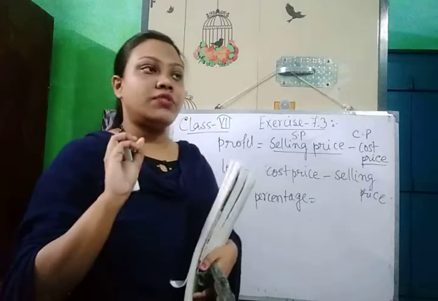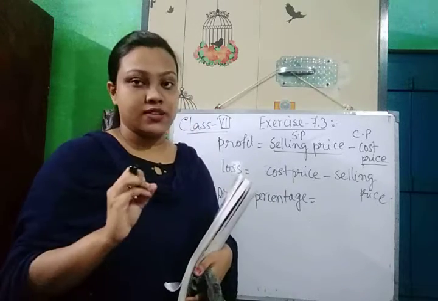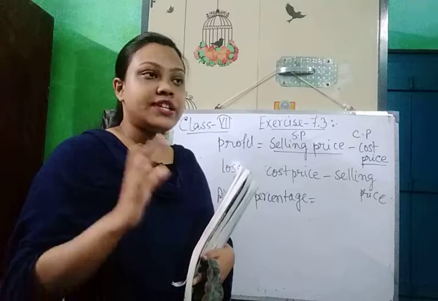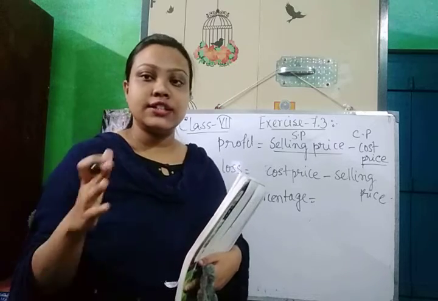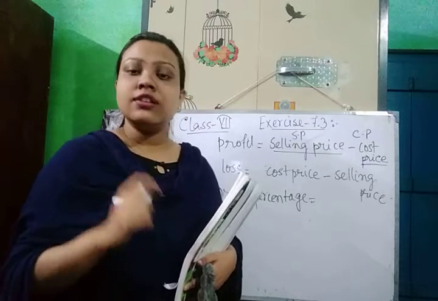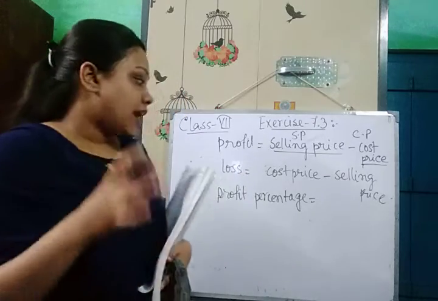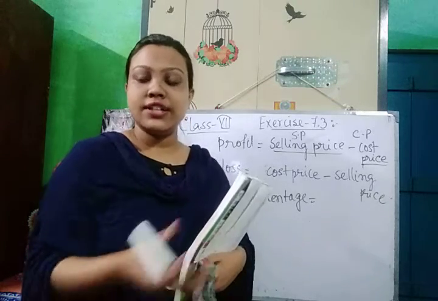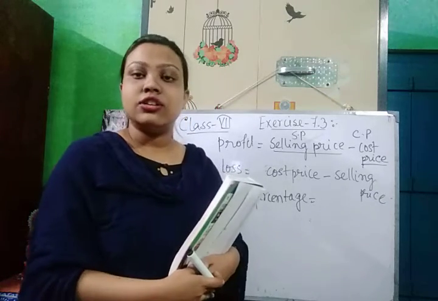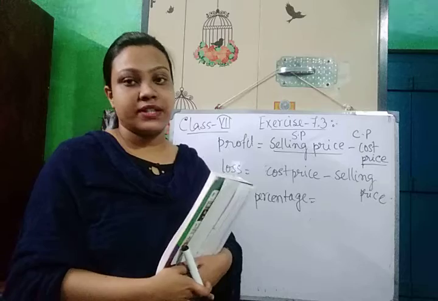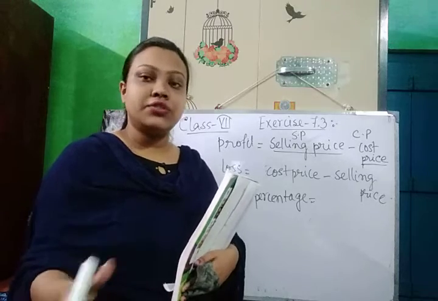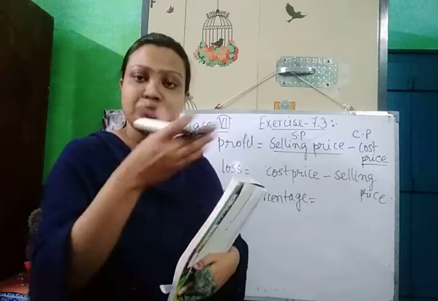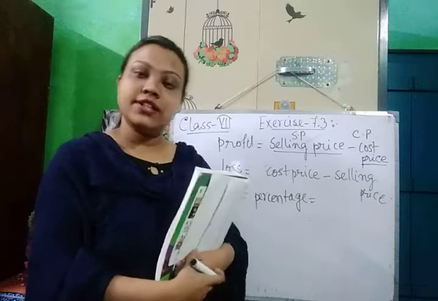Always we will find it out of the cost price, not the selling price. And out of 100, what is the profit or what is the loss, that is called the profit or loss percentage respectively.